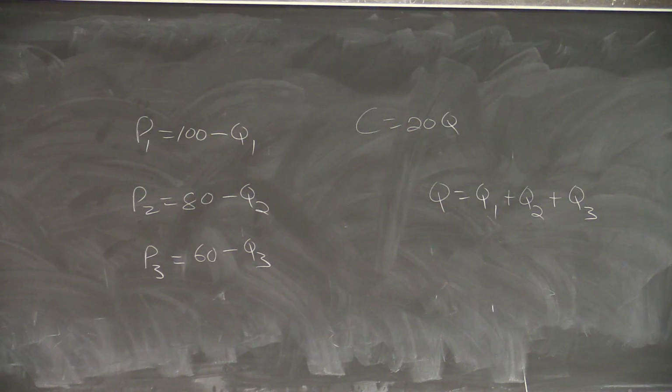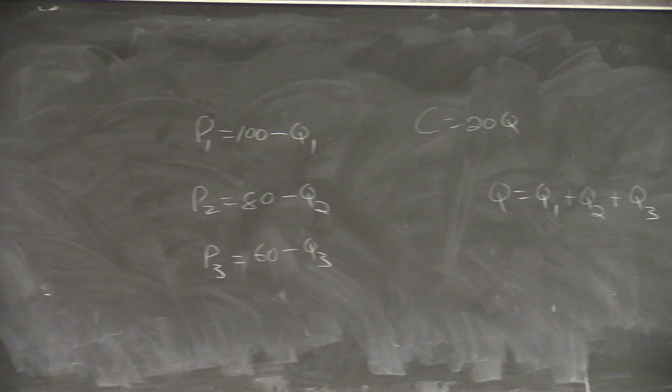How is the price discriminating monopoly going to decide how much to sell to each group and what prices to charge each group? We assume the monopolist wishes to maximize profit.